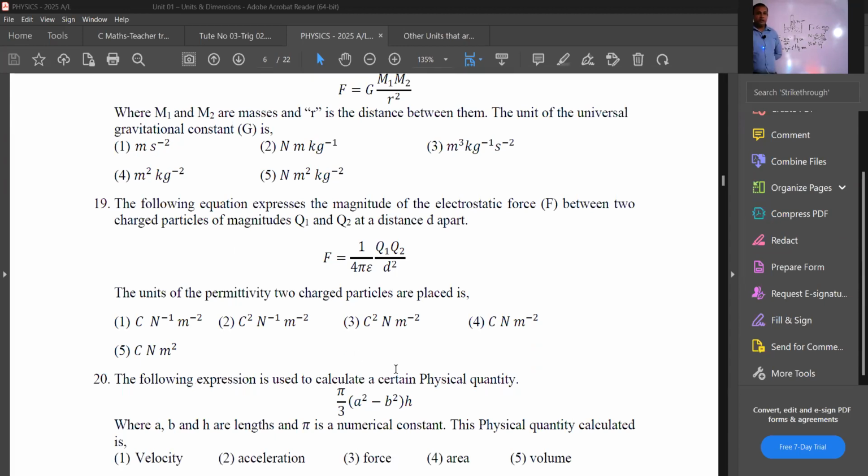Same kind of equation here. So what is the answer for question number 19? We have to find the SI unit of epsilon.